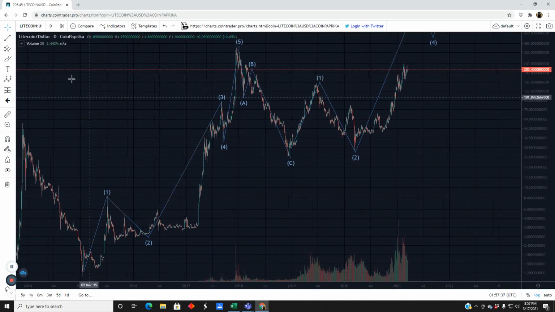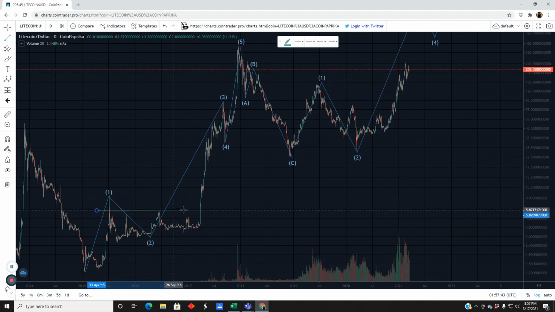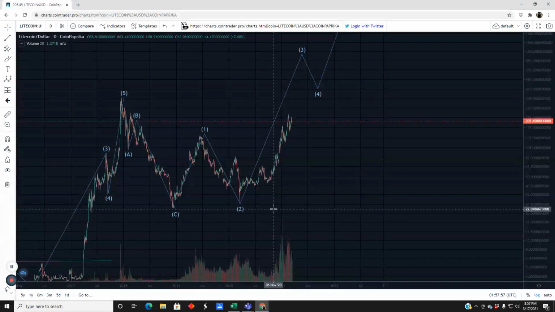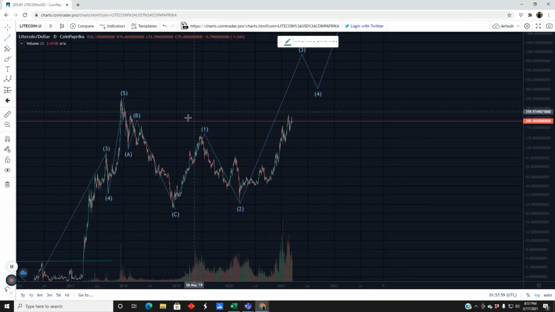But I think there's more of a pattern here I want to show you, that I think this actually might play out more so. So it had this little accumulation box here. See that accumulation range here, how it goes up, down, up, down, up, down, and then it breaks and then it goes parabolic. This is what I'm kind of seeing here too.